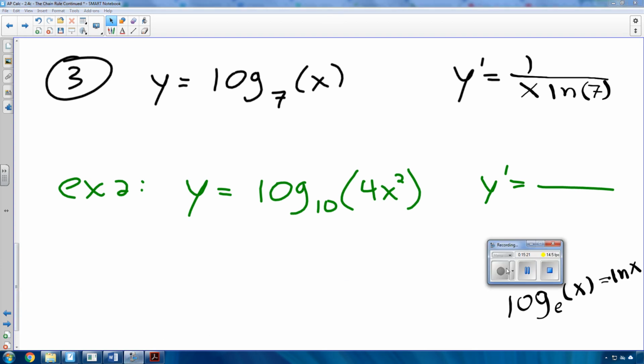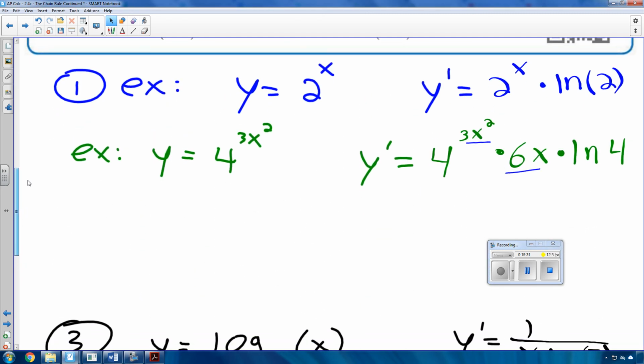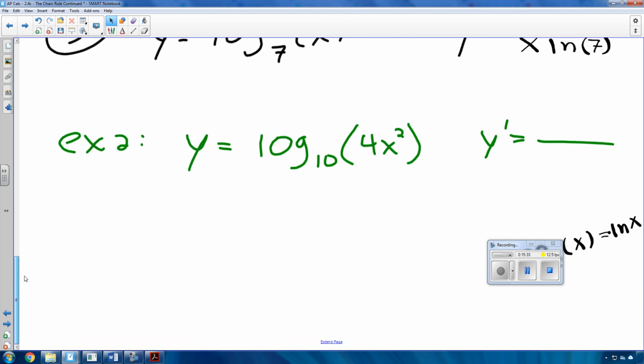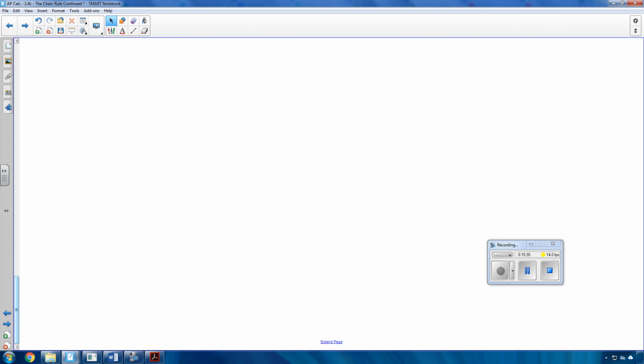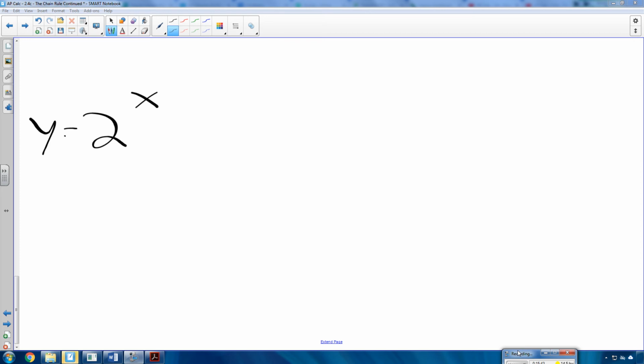So I just had a question. A question came about this right here, 2 to the x. See this 2 to the x? It's on your paper, so for you, you're probably fine. I'm just going to get a little more space here and talk about that 2 to the x for a second. The question came, what's the deal? Why can't we use the power rule? Well, it's exactly opposite of what we want. We cannot do this, okay? So we cannot do x times 2 to the x minus 1. This is definitely not allowed.